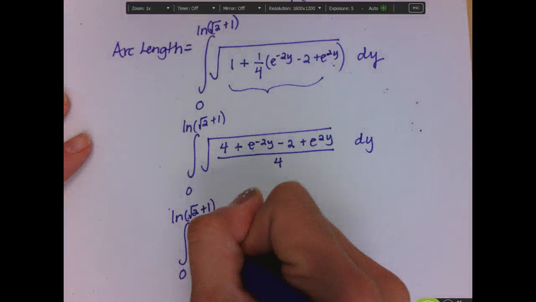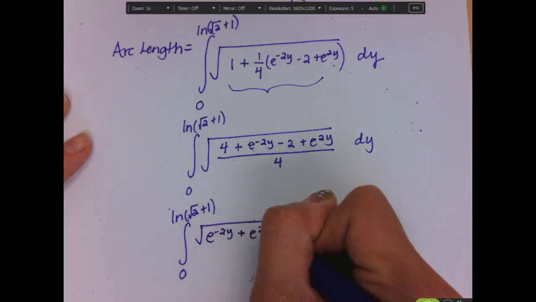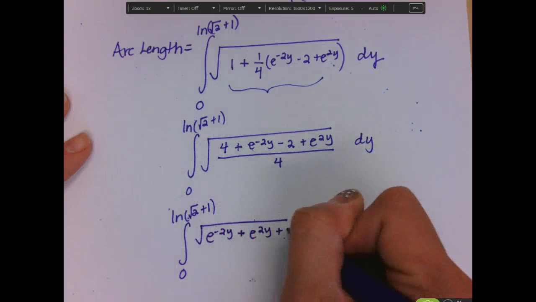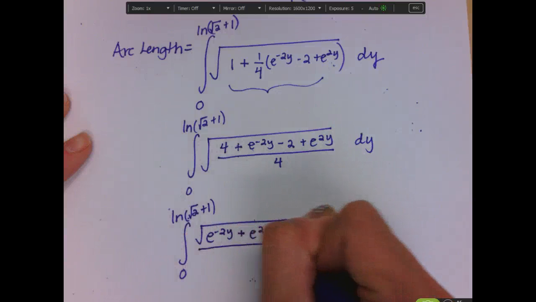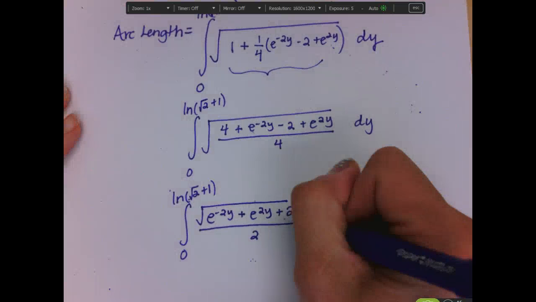So I've got e to the negative 2y plus e to the 2y plus 2 all divided by 2. I just square rooted that 4 and made it a 2.